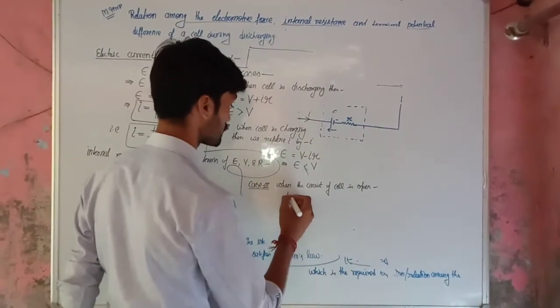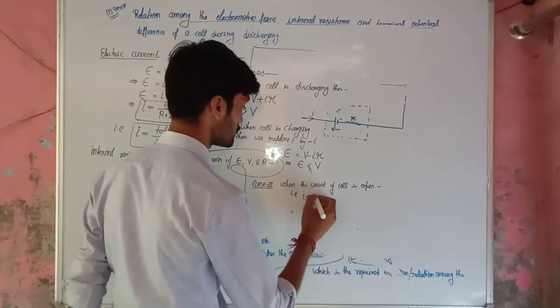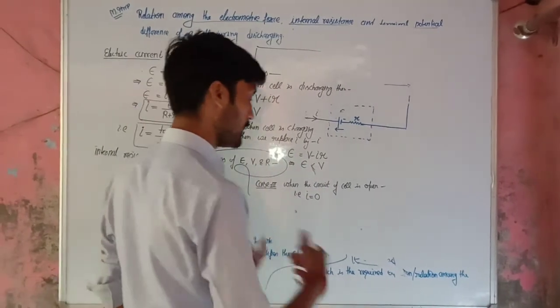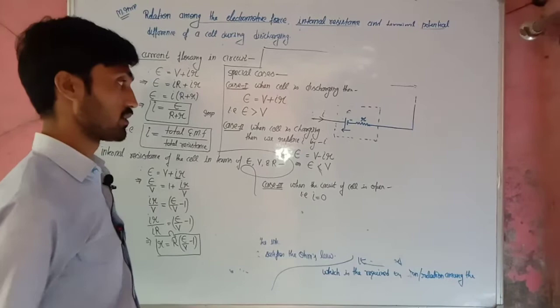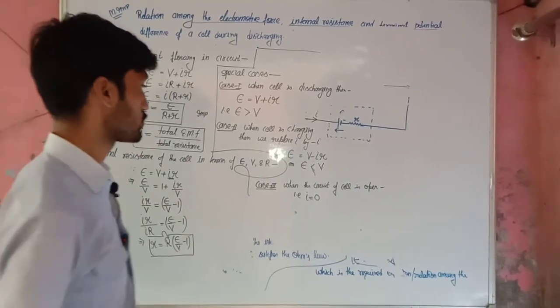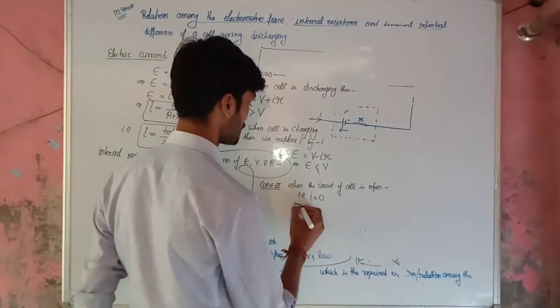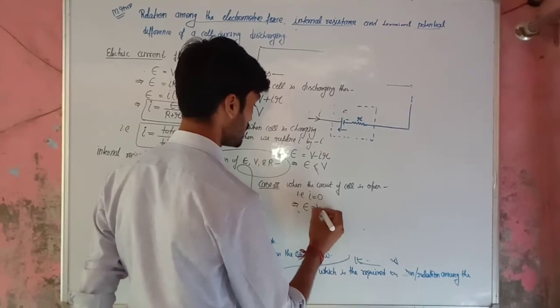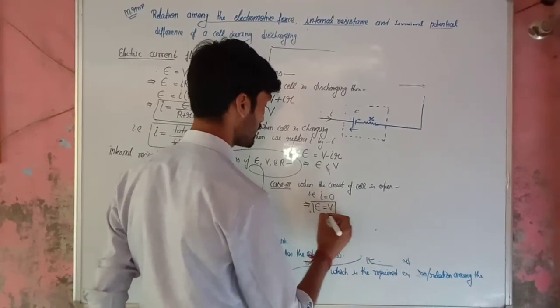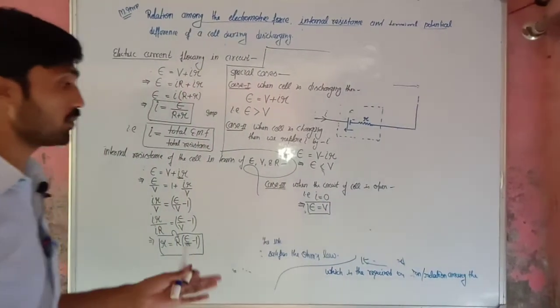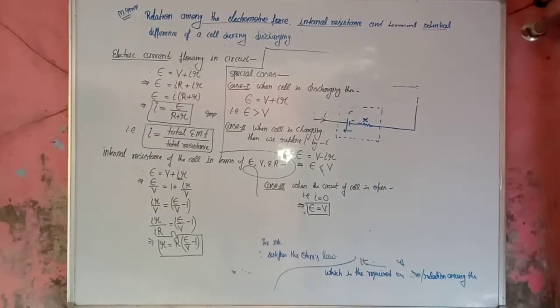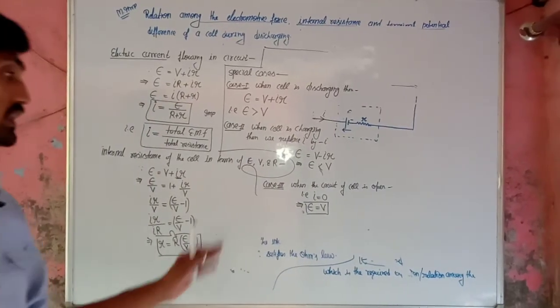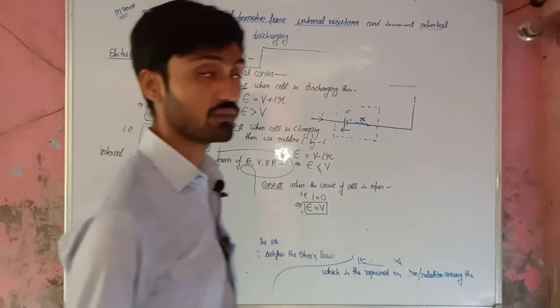That means I equals 0. In an open circuit, current will not flow. That is, I equals 0 implies that E equals V. In that case, the electromotive force of the cell will be equal to the terminal potential difference.